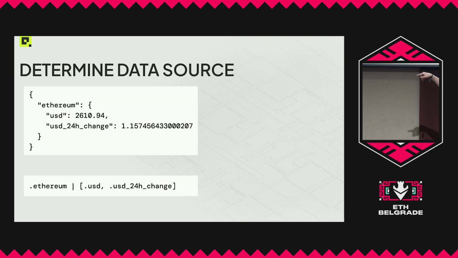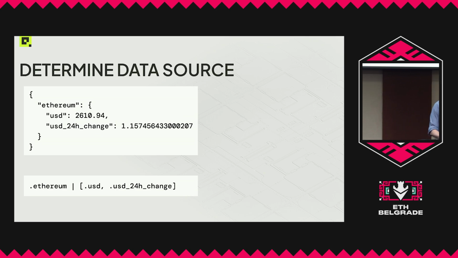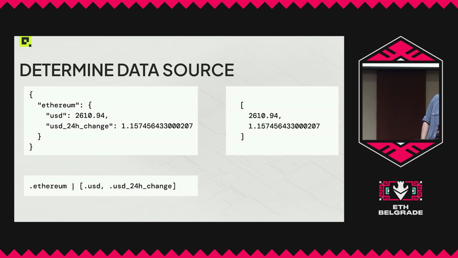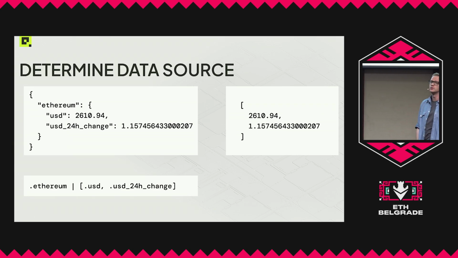And we create from that particular object an array of 2 values, price and price change. After applying this jq filter to our response, we will get the following array. It's an array of 2 floating numbers.